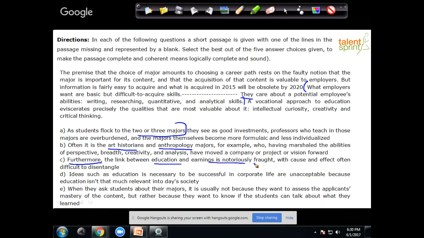It's very illogical, completely contradicting the crux of what the preceding and the following sentences around the blank are saying. I think the first thing you will do is eliminate option D, because it says education isn't that relevant in today's society. Not really, that's not the case.